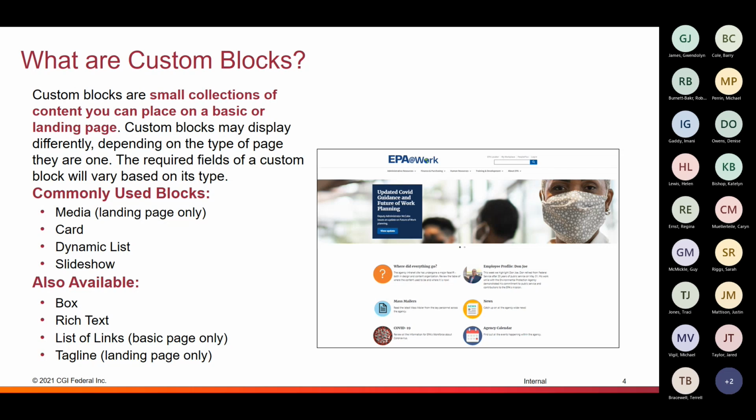Now you'll notice that for some of these blocks, like the media block, that is only available on a particular type of page. In this instance, the media block is only available on the landing page. And just keep in mind that some blocks, while they are interchangeable, not every particular kind of block is available for the types of pages that are present.